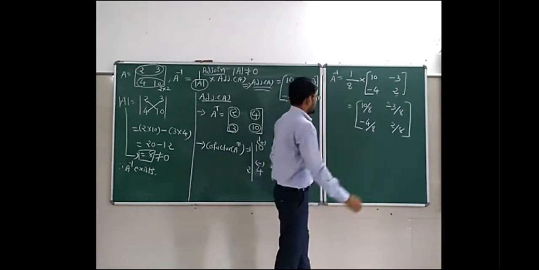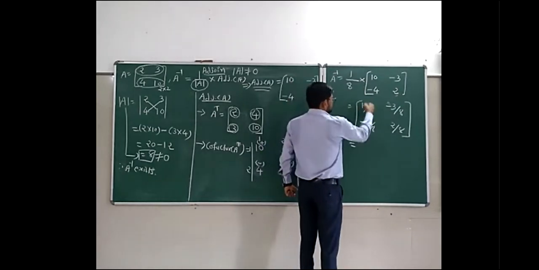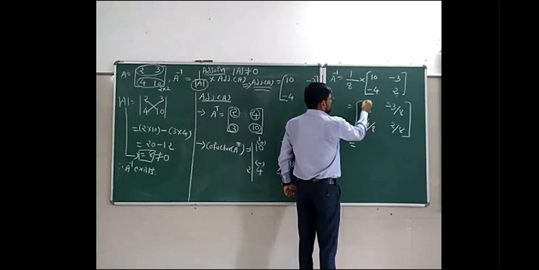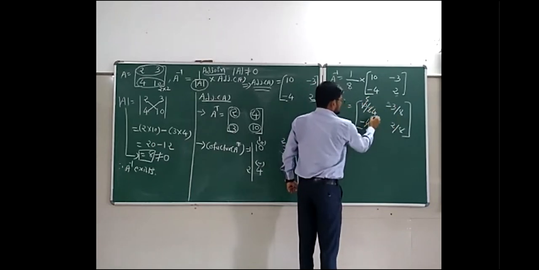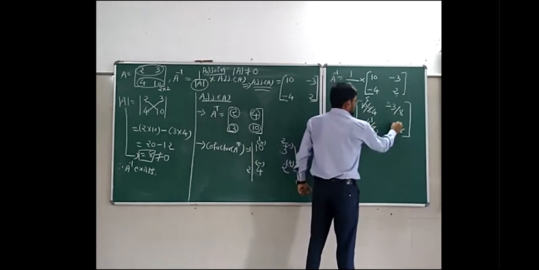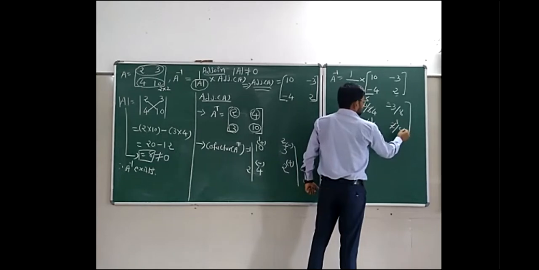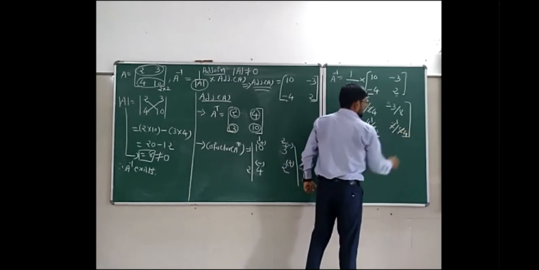Clear? Now, just cancel this. 2 5s are 10, 2 4s are 8. Here we cannot cancel. 4 1s are 4 and 4 2s are 8. 1 2s are 2 and 2 4s are 8.